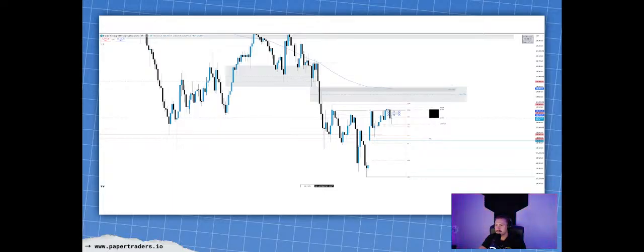If price trades through this said FVG, then we can look for a continuation on the 4-hour for further upside, up until that FVG above on the 4-hour.